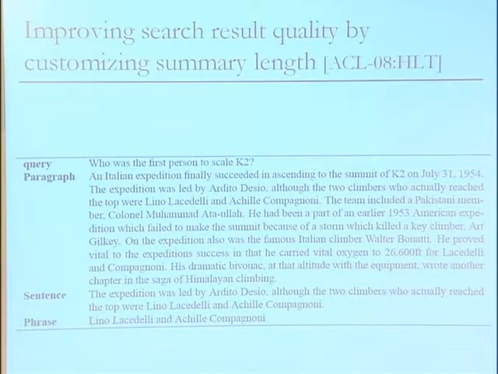You ask a who question, and you're told who first climbed it: the two names of the two people, no additional information. So any of these is a good summary, right? The paragraph, the sentence, the phrase, they're all good responses to the query, good summaries of some underlying information.